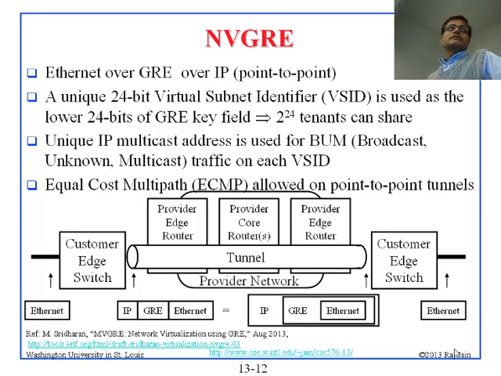Let me correct that clearly. When we say BUM, it means broadcast, unknown unicast, as well as multicast. What do you do with the unknown unicast in Ethernet? You have to broadcast it.